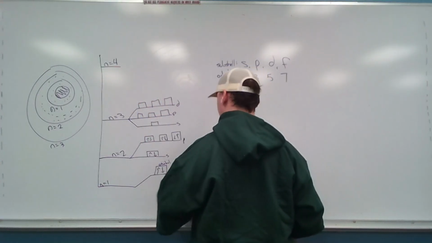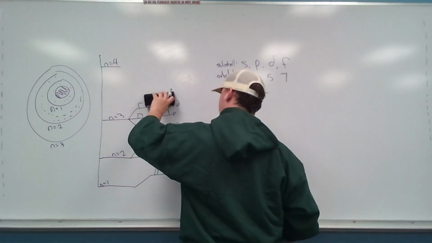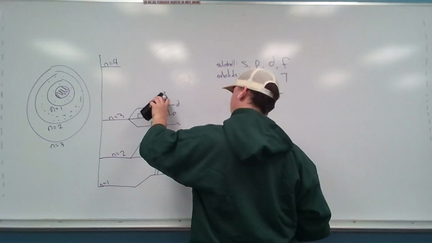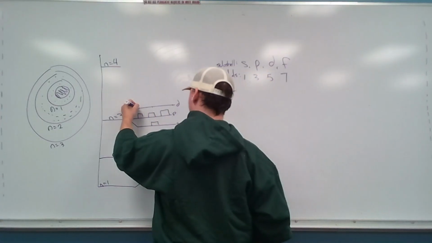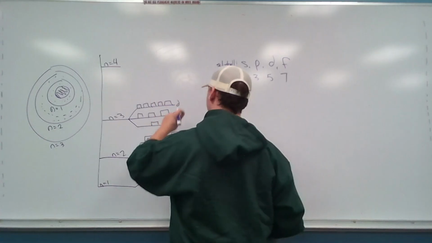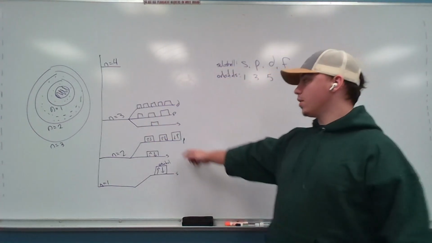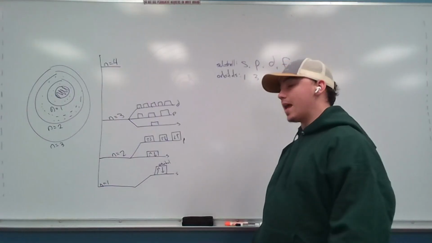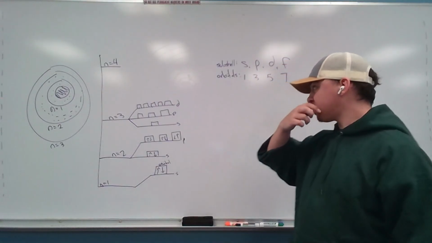Oh, I made those really big. There, now we have 5. And remember, every single one of these little compartments holds 2 electrons, or it can. It doesn't have to hold all of those electrons.